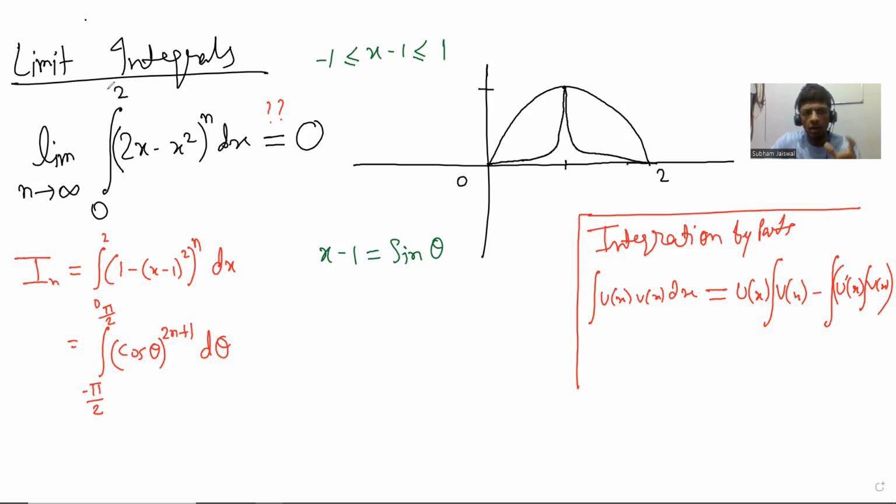And when you have these limits, loosely speaking, we just put the limits a to b here, but here we will put the limits on this whole thing. Meaning that after you find this as a function of x, you put the limits.